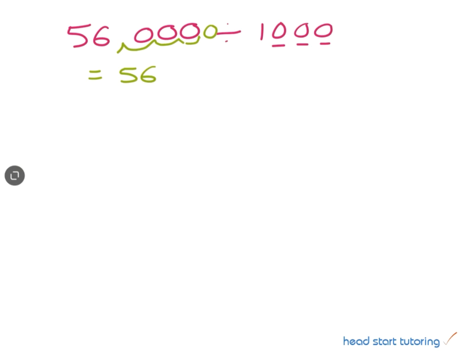And that is because, as you can see, there were 3 zeros there and 3 zeros there, we just end up with our 56. So another way of thinking about it is, what do you multiply 1,000 by in order to get 56,000? And your answer will be 56.